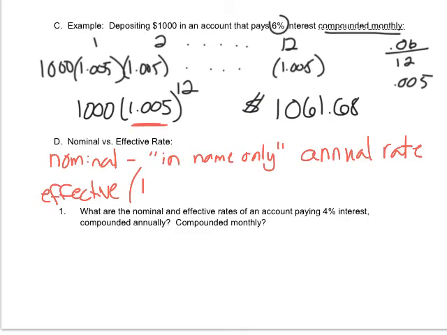So the effective rate is 1 plus the nominal rate divided by how many times you are compounding in a year. Let me see if I can write all this. Compounded. And then you take that and you raise it by the number of times compounded.